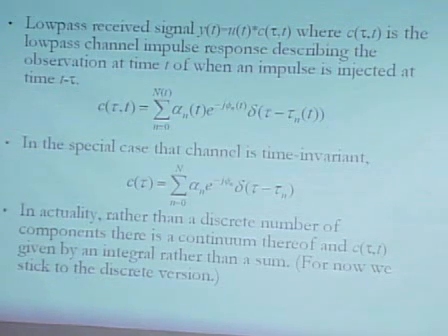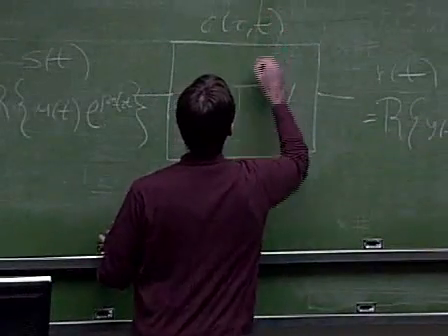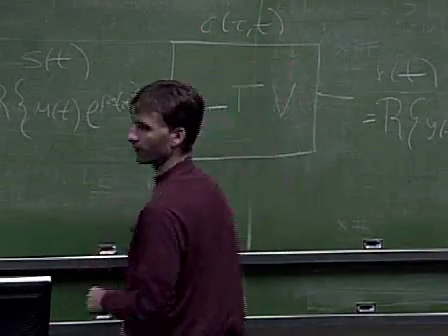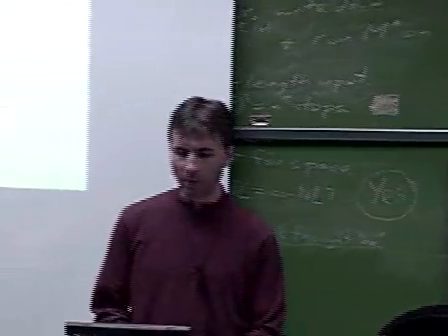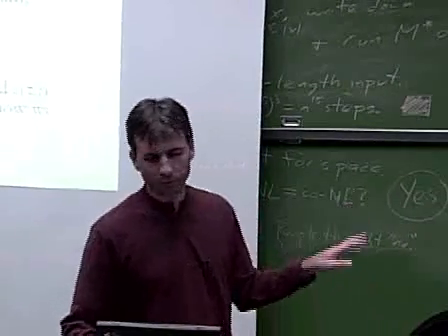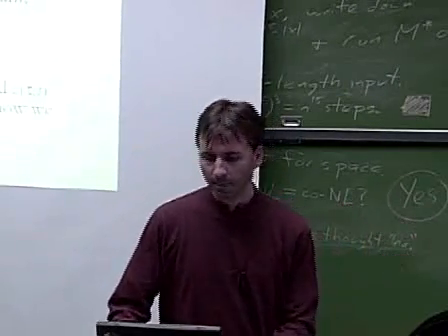We're going to call the impulse response C of tau and t. The impulse response characterizes the behavior of a linear system, and properly defined, it gives us the observation at the output at the time t.